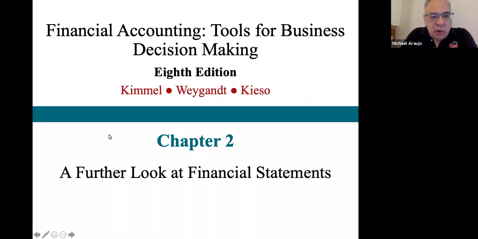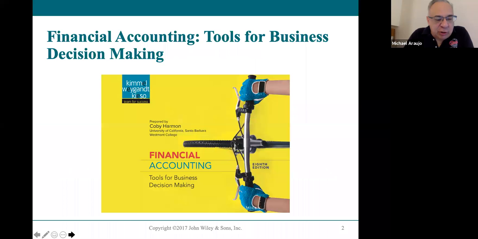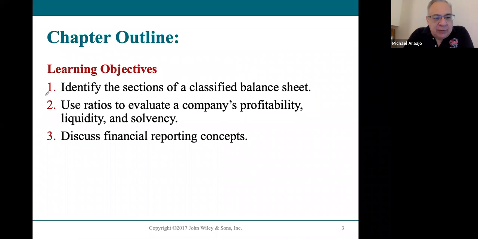Okay, so chapter 2, welcome to chapter 2. And much of what we're going to be doing in chapter 2 revolves around the very first learning objective, which is the fact that we actually have different types of assets that we classify, and we have different types of liabilities that we classify.